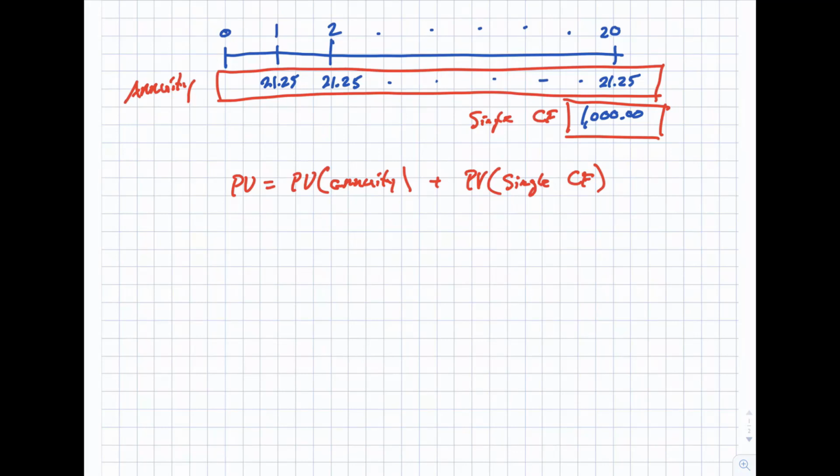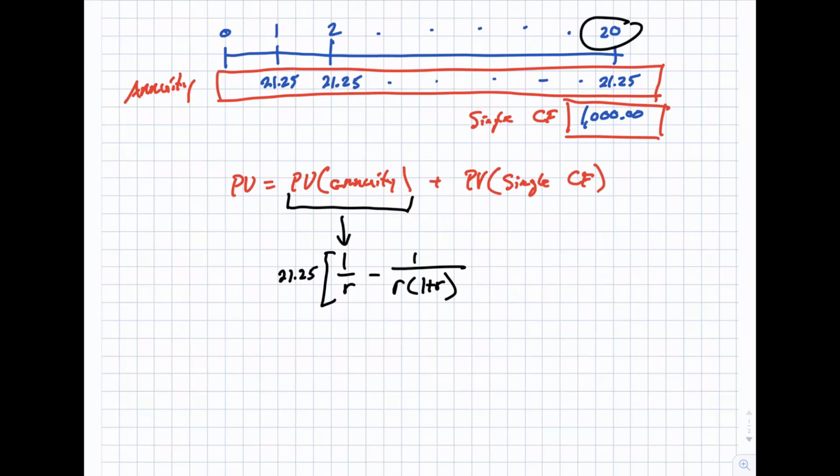Now, just to be thorough here, I'm going to break this down and I'll show you the formulas. So the present value of an annuity, we know is the payment, and so here payment is $21.25 times an annuity factor, and the appropriate T for this annuity factor is 20.